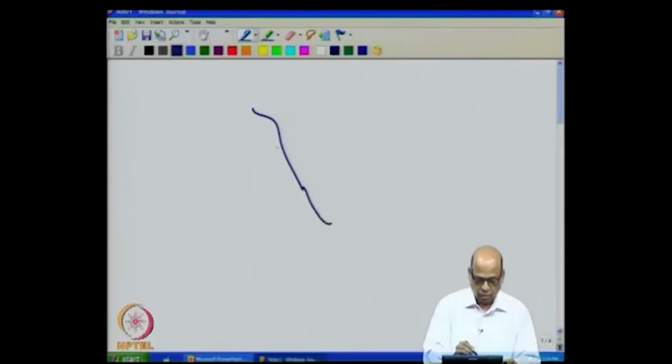The consistency checks that I introduced in the last lecture are typically looking at a particular gauge. Let us say that we have two gauges on a stream flow, gauge A and gauge B, and the flow direction is like this.